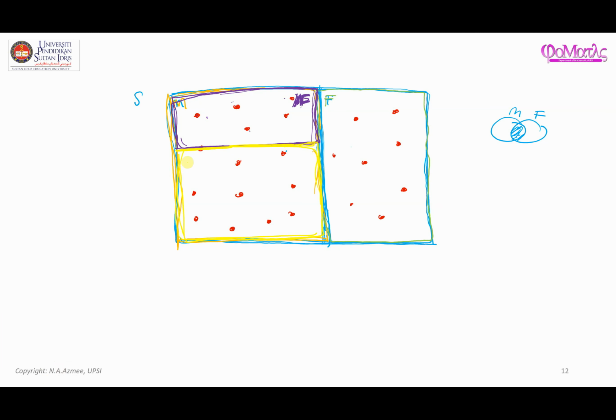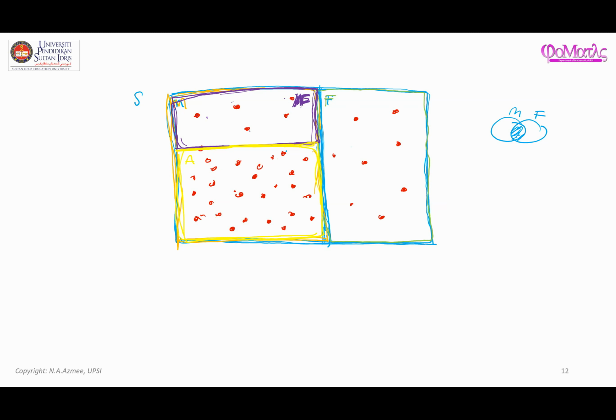This is for against, and you can expect that in this set there will be about 45 red dots. A lot of red dots here, about 45. So that's how you can visualize the example given in the previous slide.